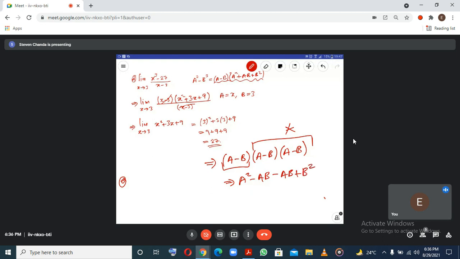Well, okay, let's do it again. Let's write it. Then you're going to have a squared minus 2ab plus b squared. Okay, so you're asking, can we write it like that?